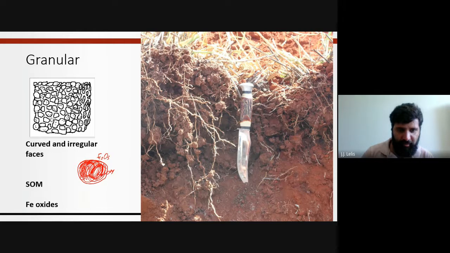And I can see something like this: curved shape of pads, of aggregates, formed by interaction between soil organic matter and iron oxides. Okay?